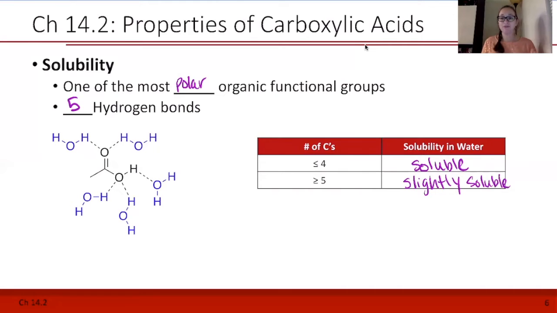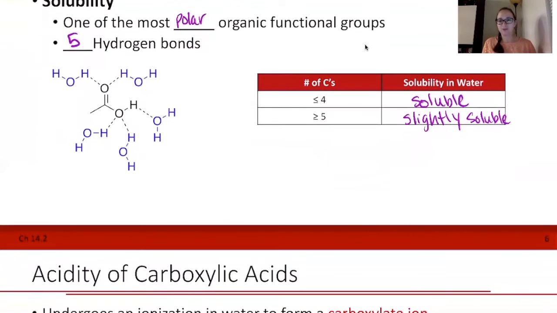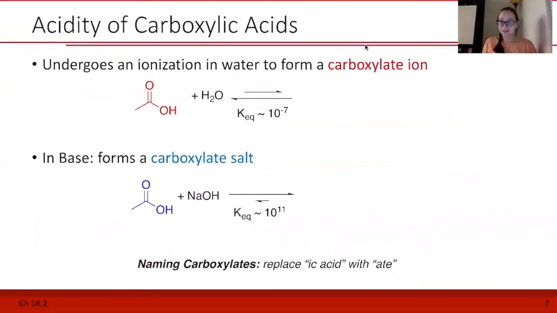Because you have such a polar group on there, you're pretty much going to be at least slightly soluble all the time, but it's not going to be 100% rule. For this class, that is the rules we're going by though.